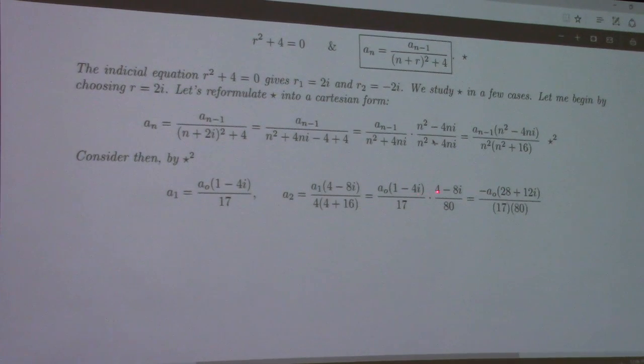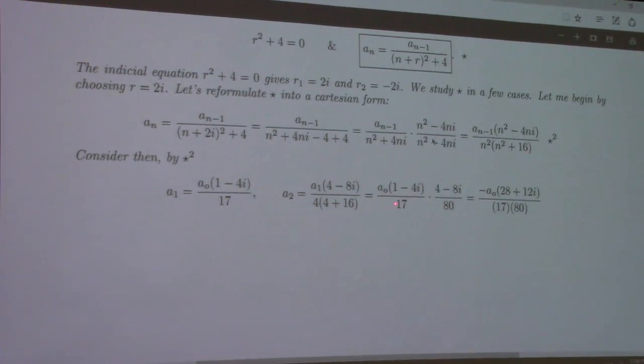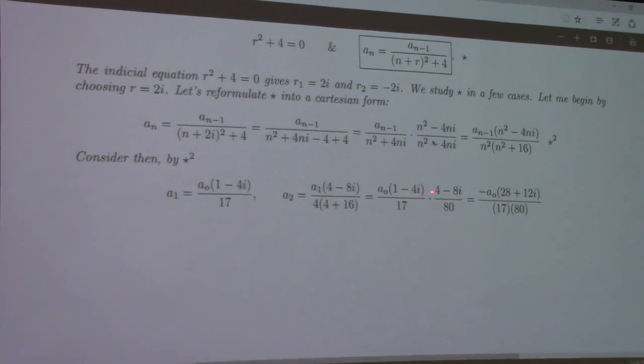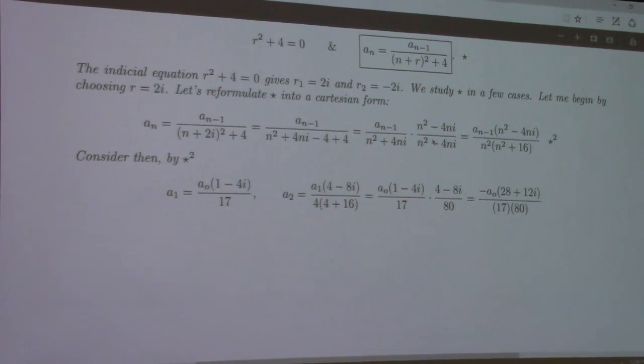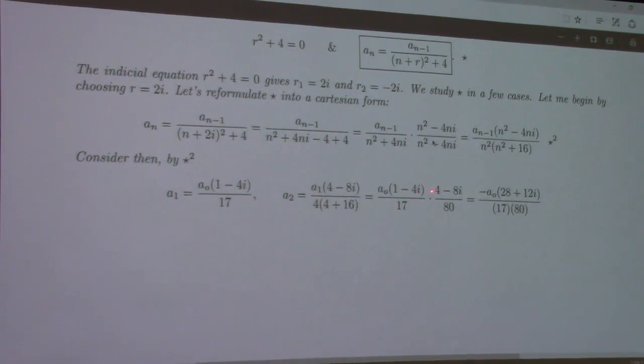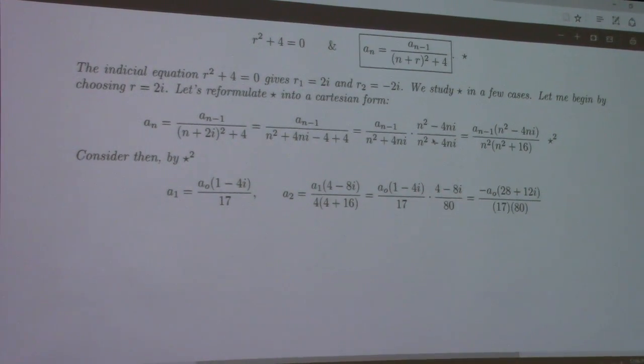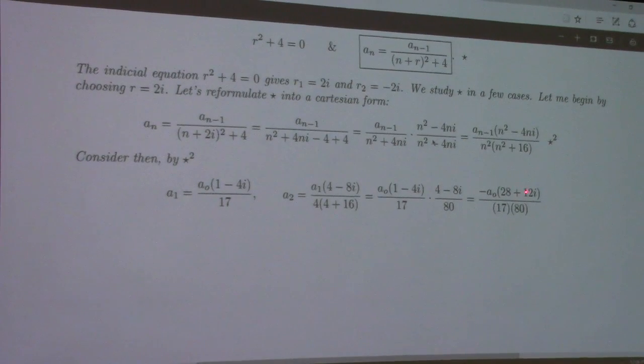The imaginary parts, I get minus 16i, minus 8i, that's a total of... try that again... I got 24 here. Well, that I think should be a 24.